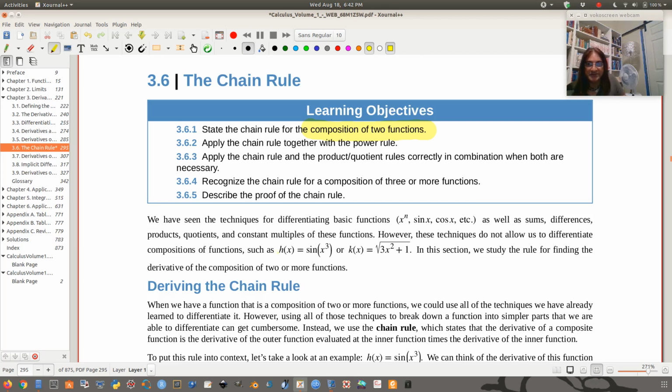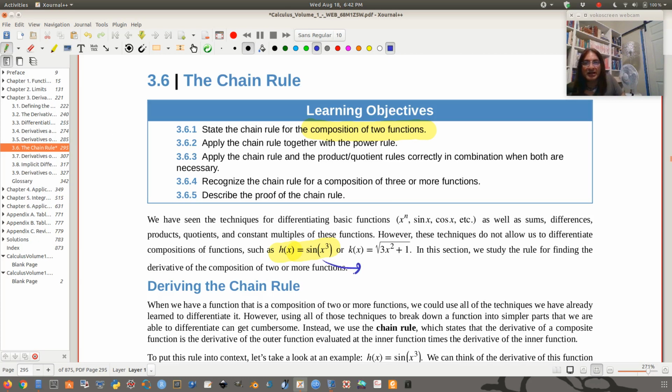As an example, let's say h of x is sine of x cubed. See, there are two functions involved here: sine of f of x, where f of x is x cubed. Or let's call it g of x.